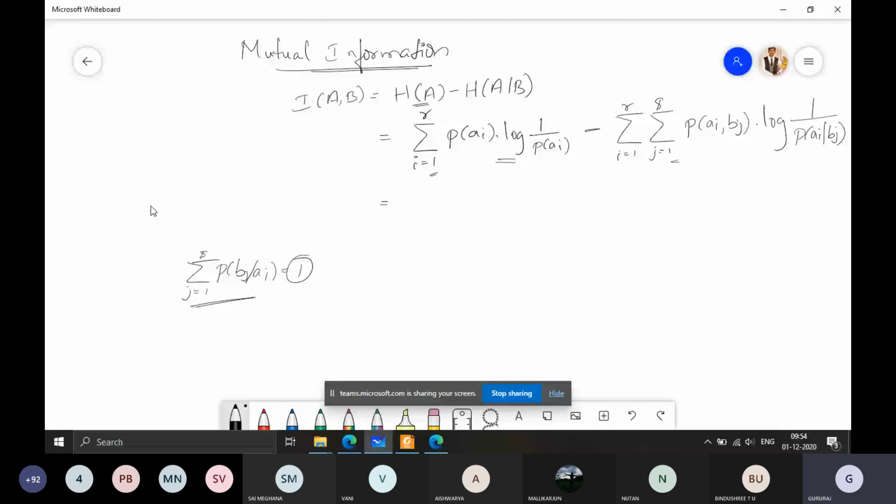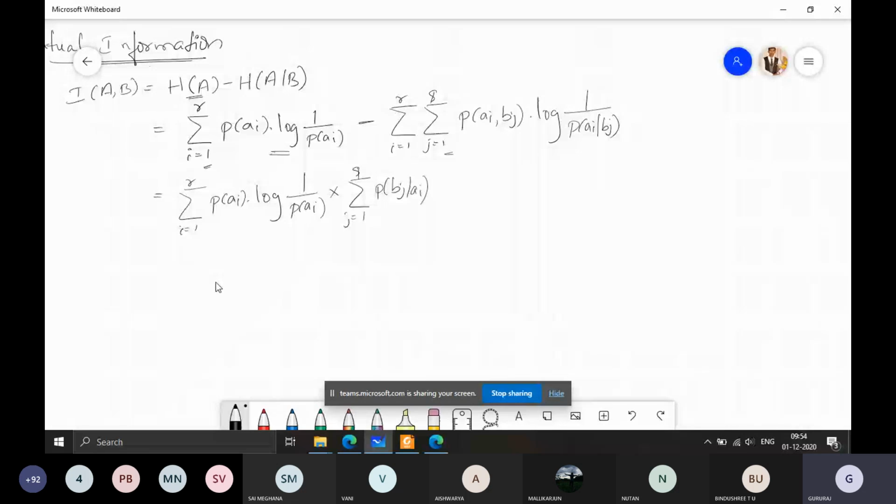So what I'll do is introduce this term. The summation i = 1 to r of p(ai) log 1/p(ai), this term I'll multiply with the summation j = 1 to s of p(bj/ai). Actually this term is equal to 1, so we are multiplying the entire term with 1, which will not change its value.